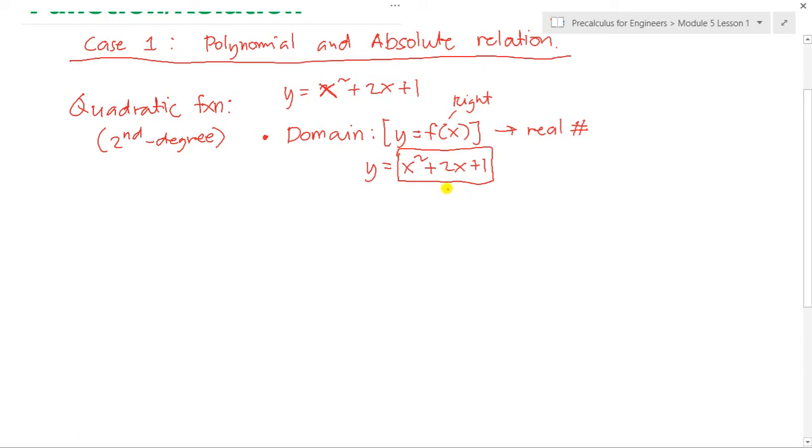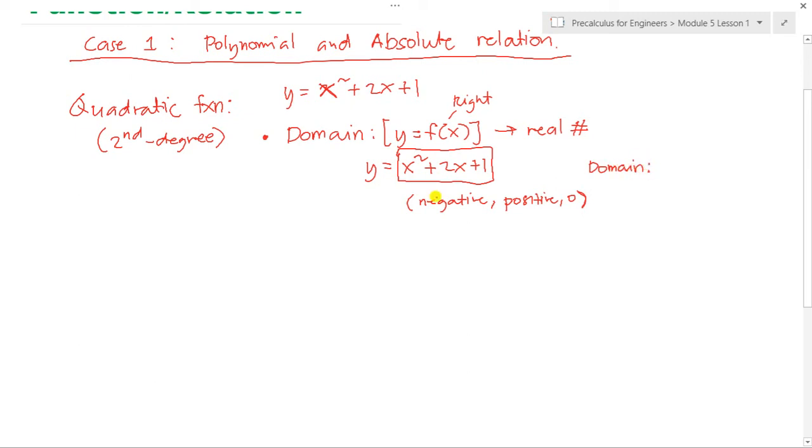Here, let's substitute our x by a negative number, then a positive number, and then the last one, let's say 0. By observing, class, or just by mental calculation, what is the domain?